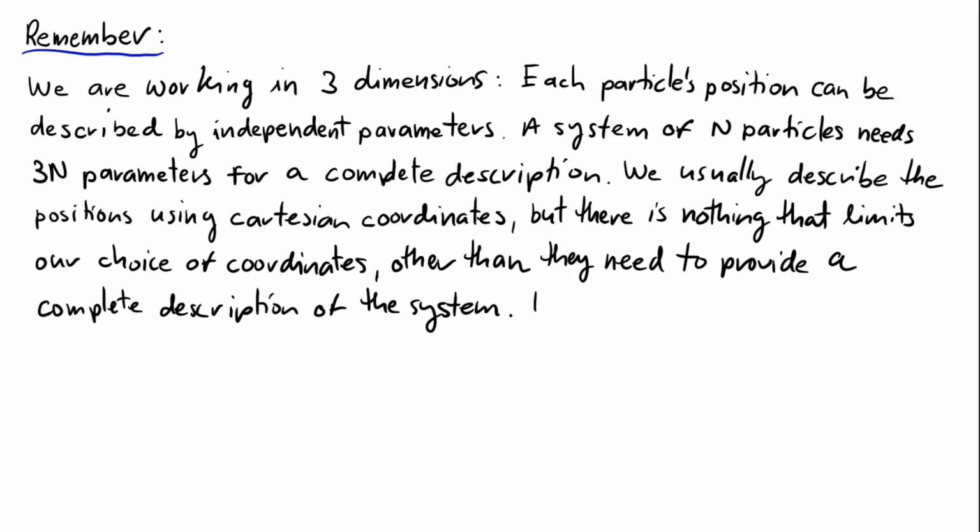In general, the Cartesian coordinate for the ith particle, represented by R_i, for an n particle system can be parametrized by 3n parameters.